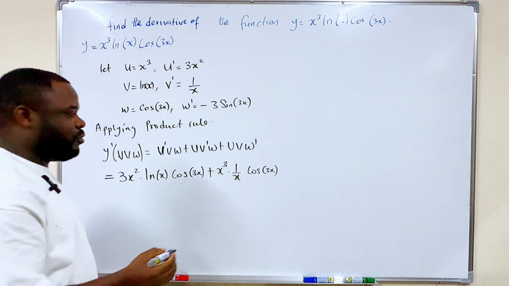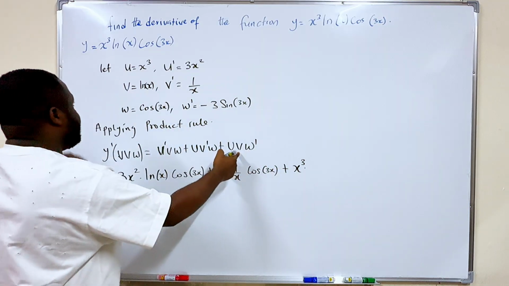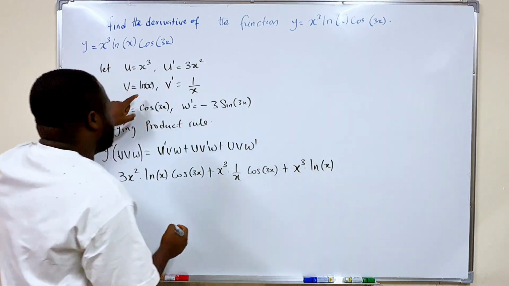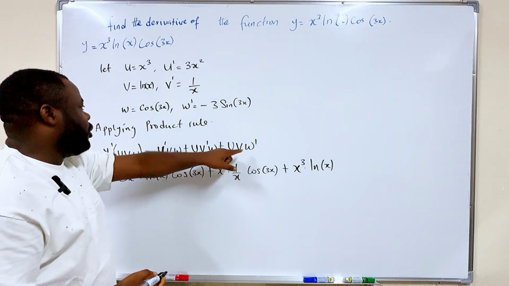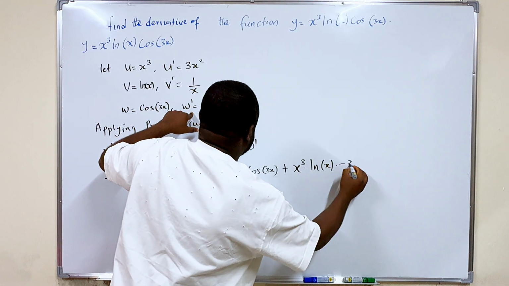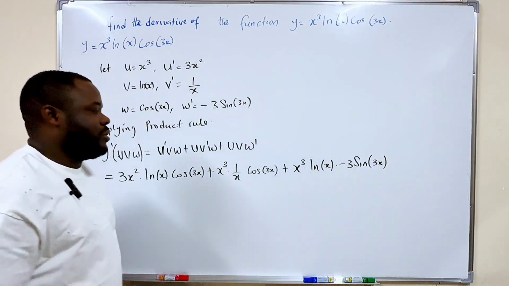Then the final term: u is x cubed, v is ln x, then we now have w prime, which is the derivative of w, which is negative 3 sine 3x, and that's it.